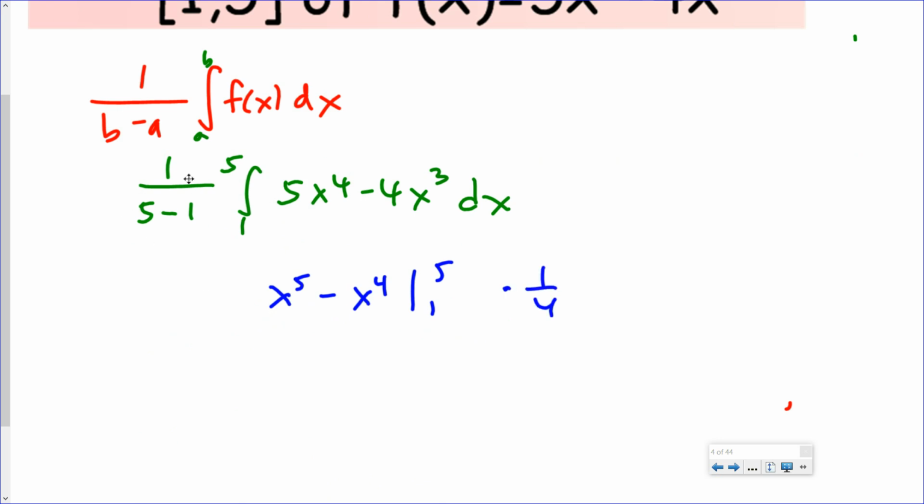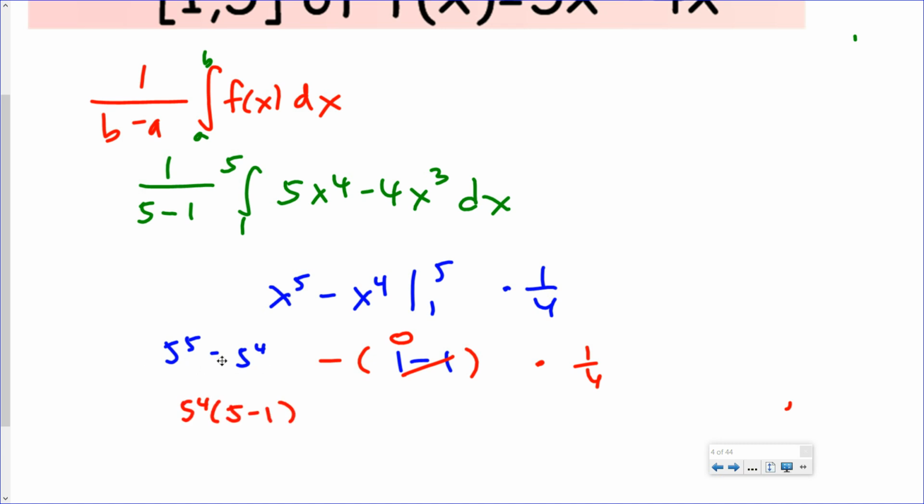This is my 1/4. All right, first I'm going to plug in the 5. Then I'm going to plug in the 1. Then I'm going to slap a minus sign in the middle. Okay? And of course, when I'm done, I'm going to multiply by 1/4. This is 0. This is 5 to the 5th minus 5 to the 4th, which I'm not really good at, but I can actually take out a 5 to the 4th, right?